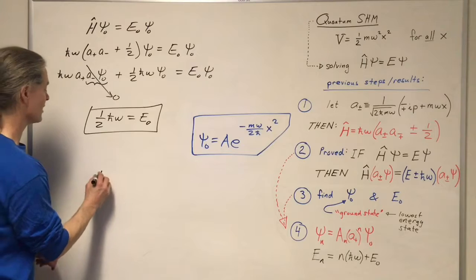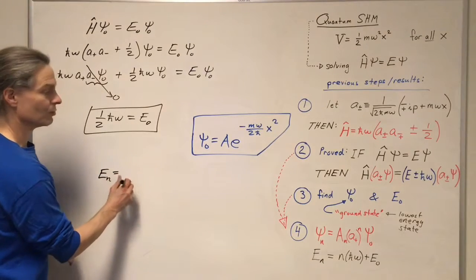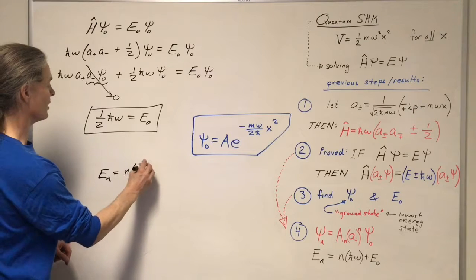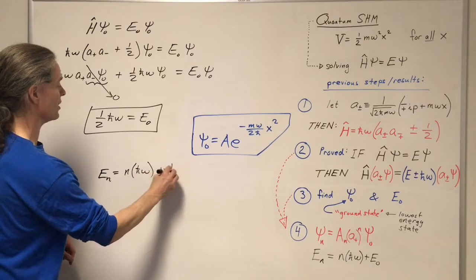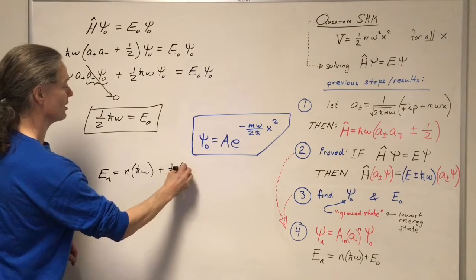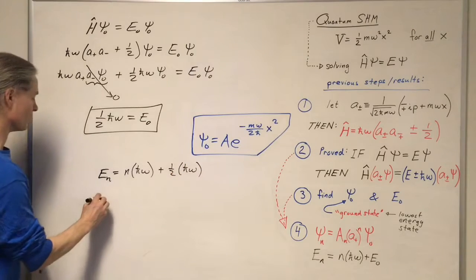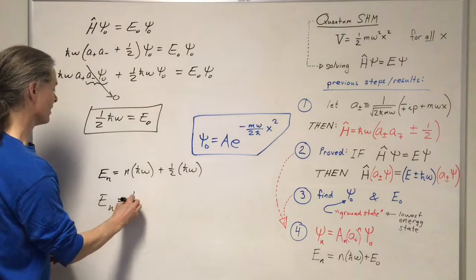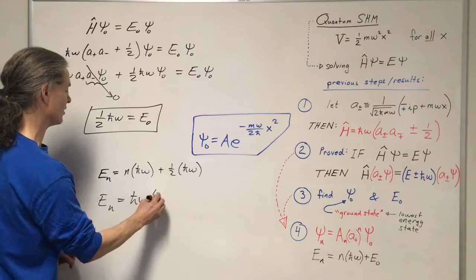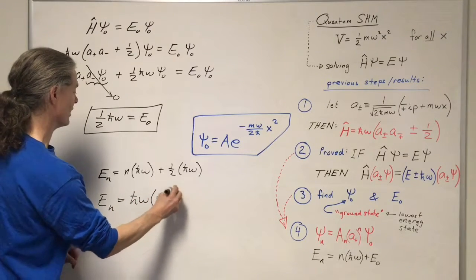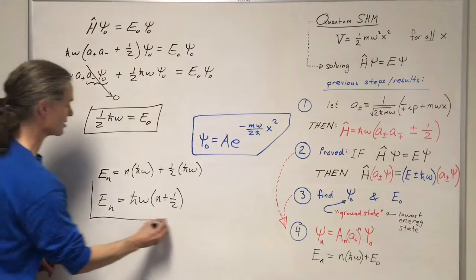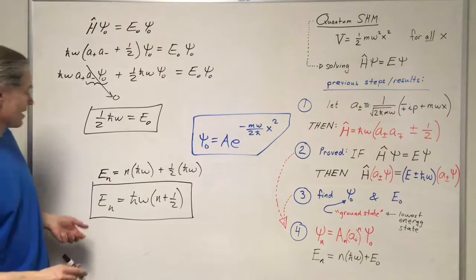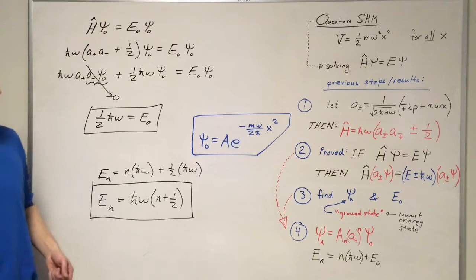So the energy of the nth eigenstate will be n times h bar omega plus 1/2 h bar omega, or we can put it in this nice form, factor out the h bar omega, and we'll have n plus 1/2. So this is the form you usually see for the energy of the nth eigenstate of the quantum simple harmonic oscillator.